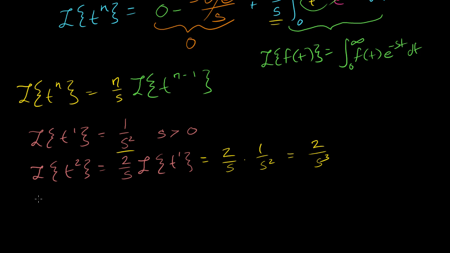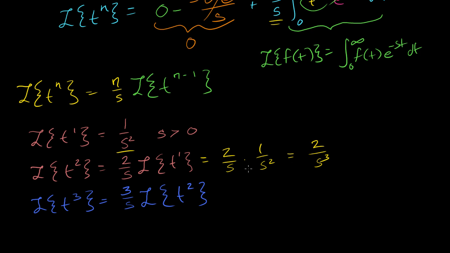Let's see if we can do another one. What is the Laplace transform of t to the third? Well, we just use this formula up here. It's n over s. In this case, n is 3. So it's 3 over s times the Laplace transform of t to the n minus 1, so t squared. We know what the Laplace transform of this one was.